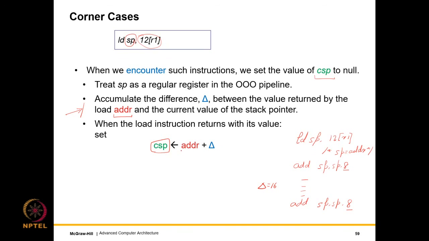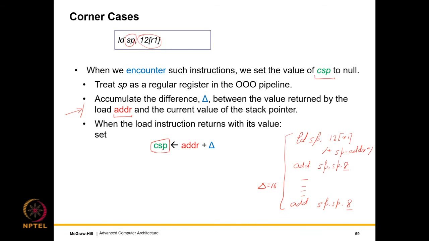This is just a name that we are giving, it has no architectural significance, plus the accumulated difference, which is delta. In this case, for this example, delta is 16. So we can add both of them, we can update the CSP, and then our regular process can continue.